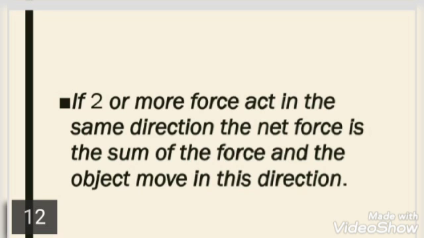The answer is, if two or more forces act in the same direction, the net force is the sum of the forces and the object moves in the same direction. Note down the answer and the question in your notebook.